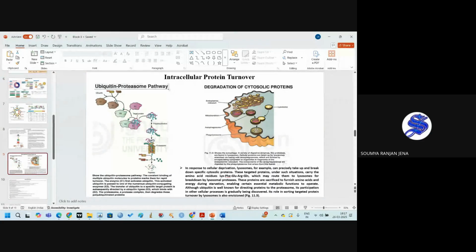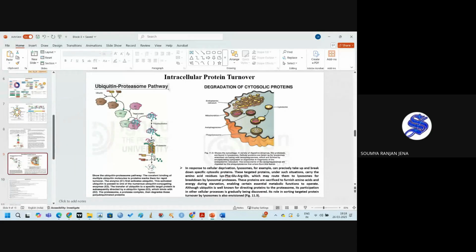So ubiquitin is transferred to the E2 enzyme, and E3, which is a ligase, attaches the ubiquitin molecules to the target protein. After the attachment of ubiquitin to the target protein, its fate is to be degraded in the proteasome complex.